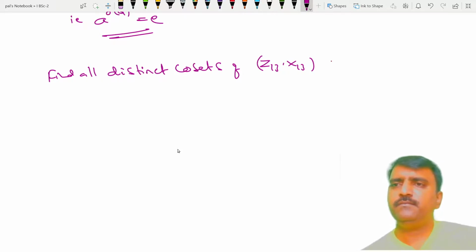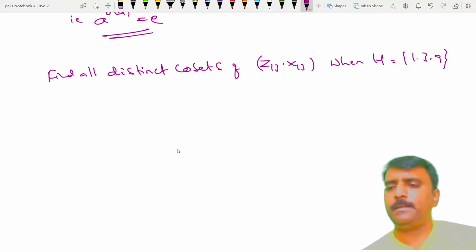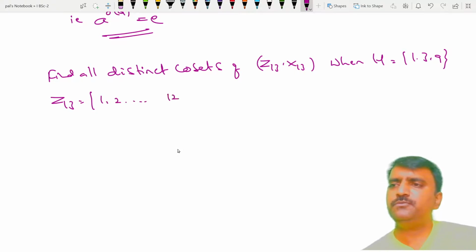So when the subgroup H is equal to {1, 3, 9}. You see here Z13 is the group of integers modulo 13, so it consists of 1, 2, 3, 4 up to 12.